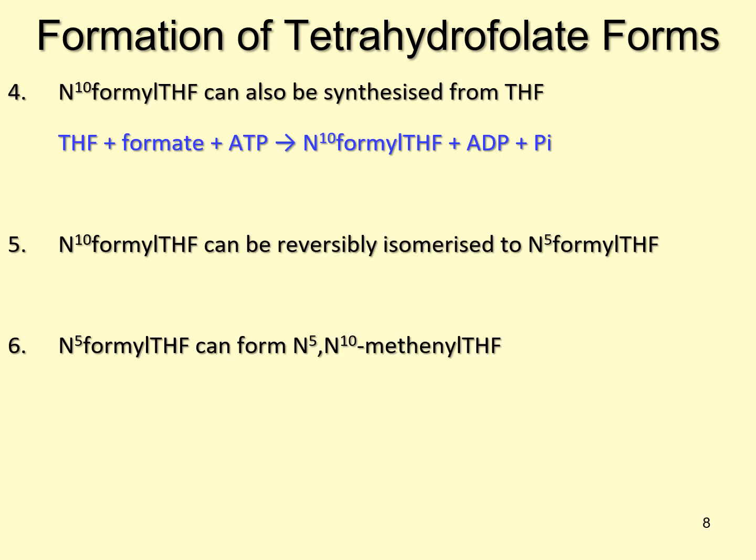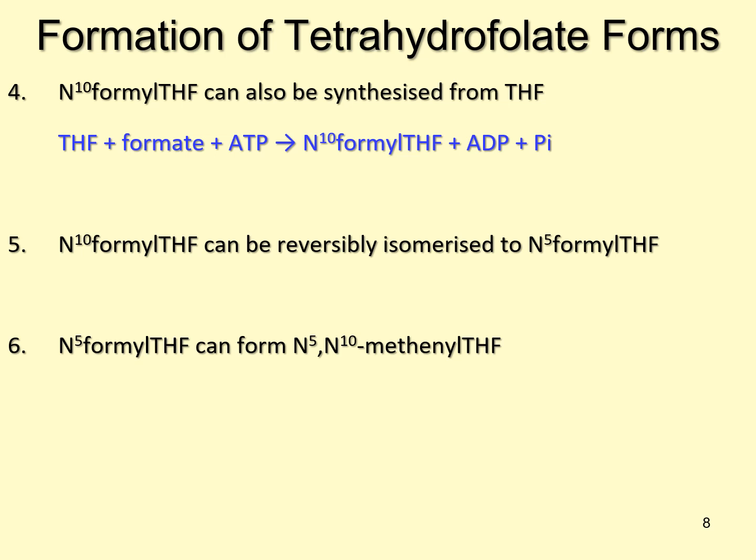This N10-formyl tetrahydrofolate can also be synthesized from tetrahydrofolate in the presence of energy, ATP, plus formate. So formate plus tetrahydrofolate plus ATP produces N10-formyl tetrahydrofolate plus ADP plus Pi.